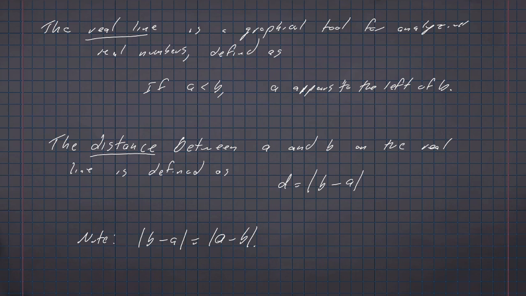The distance between two numbers on the real line is defined as the absolute value of the difference of those two numbers. And we make a note that when you take the absolute value of the difference of two numbers, you get the same result no matter which order you put the subtraction in, which is why distance is so conveniently defined.